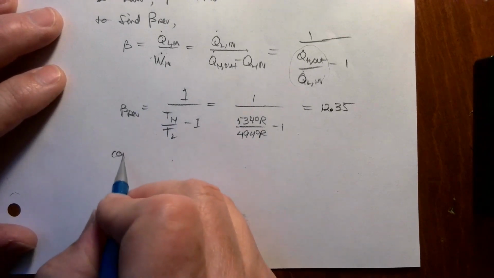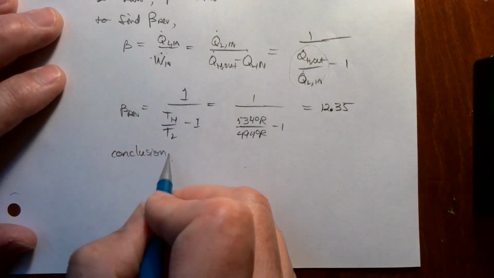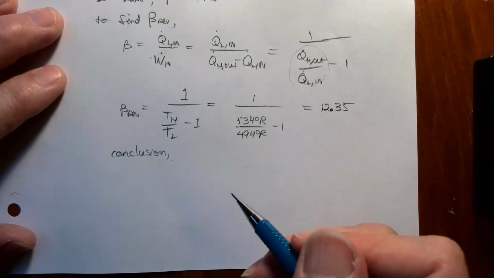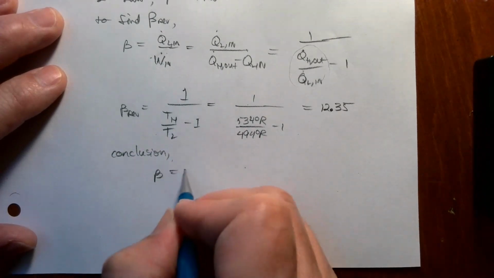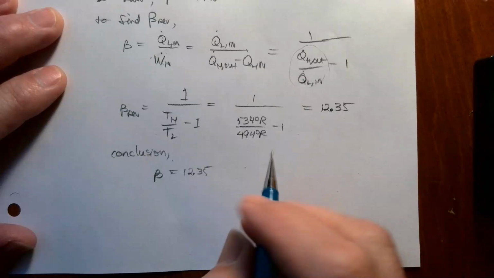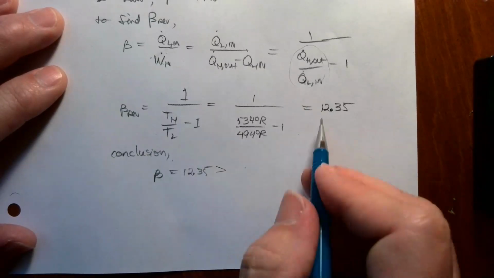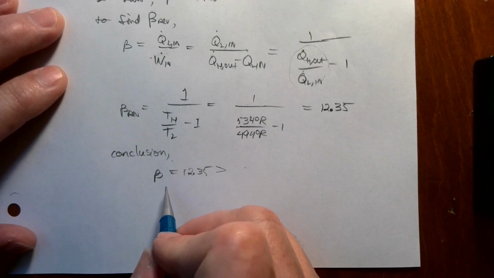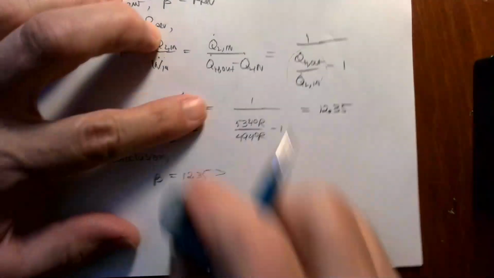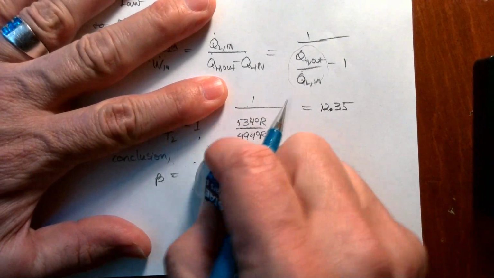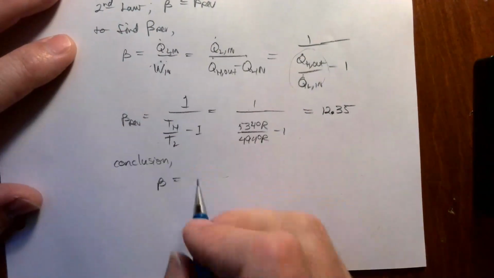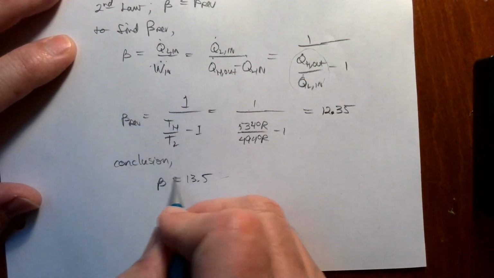Our conclusion then finally from this, we have to communicate an answer and then a reason for the answer. Beta reversible is equal to 12.35. Right, that's actually greater than reversible. I'm reading things backwards now, my apologies. Beta is equal to 13.5 is what's claimed.